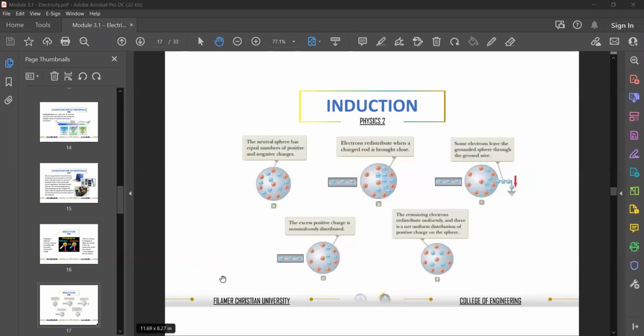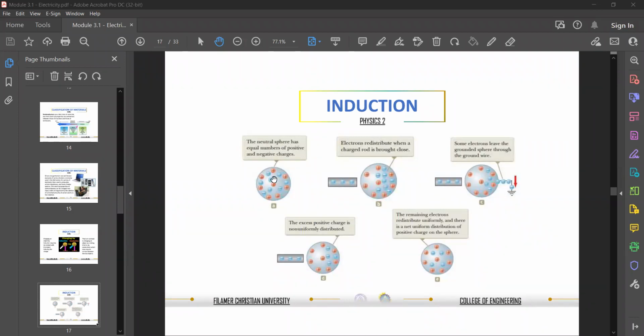Okay, so let's take a look at this diagram. No? So to understand how to charge a conductor, the process known as induction. So we may consider neutral and charge dito sa diagram na to. Okay. So let's say we have a neutral conducting sphere, so meaning it is uncharged.